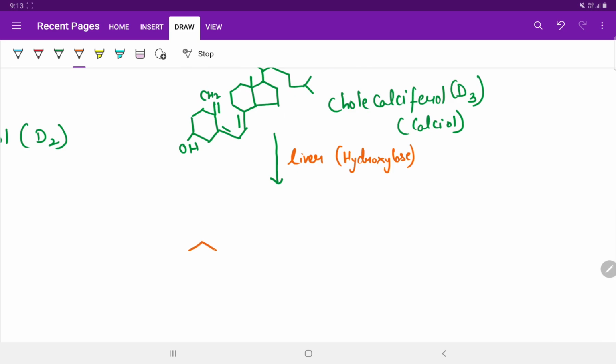The rest of the structure is similar to that of cholecalciferol, and only an addition of one alcohol will be there.